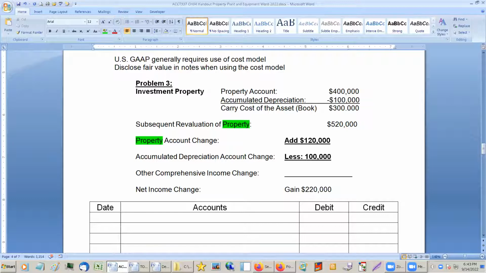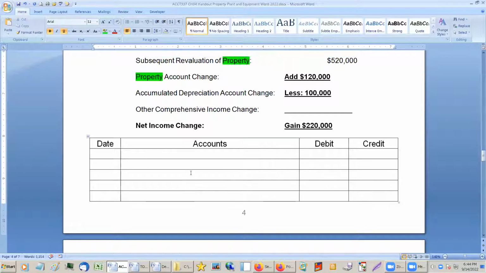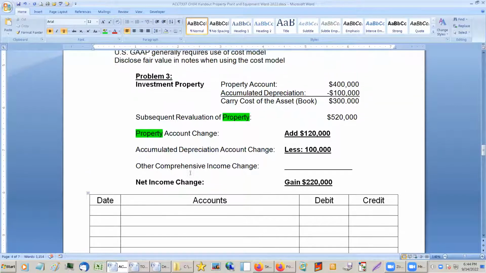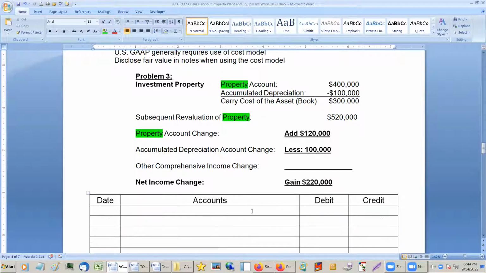Oops. So this would have to be reversed out for GAAP.